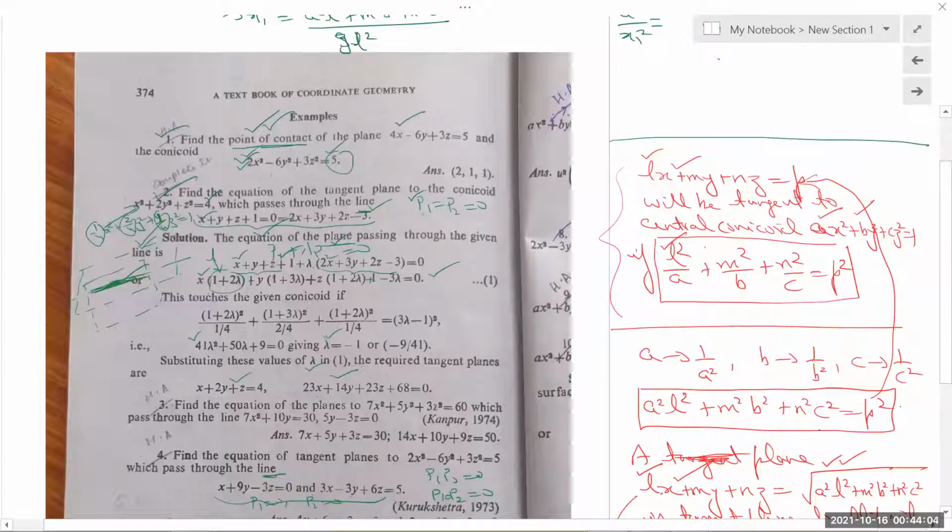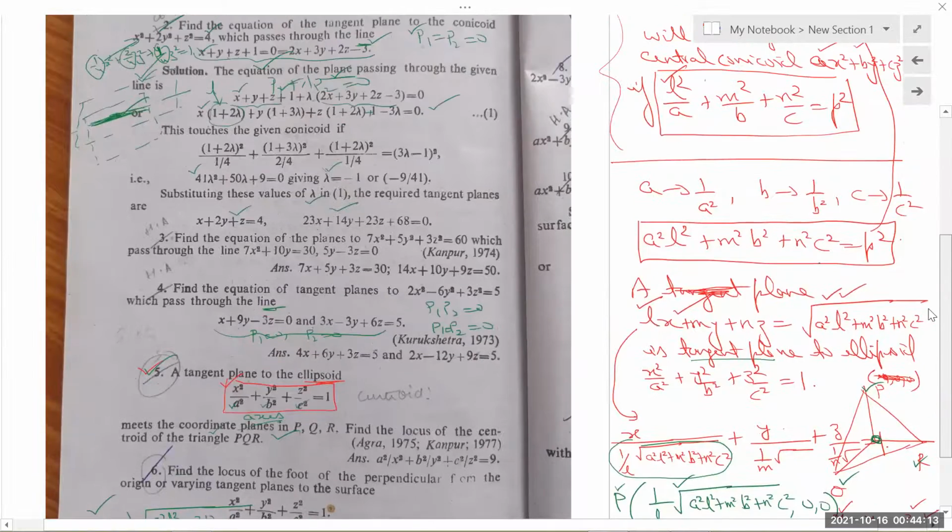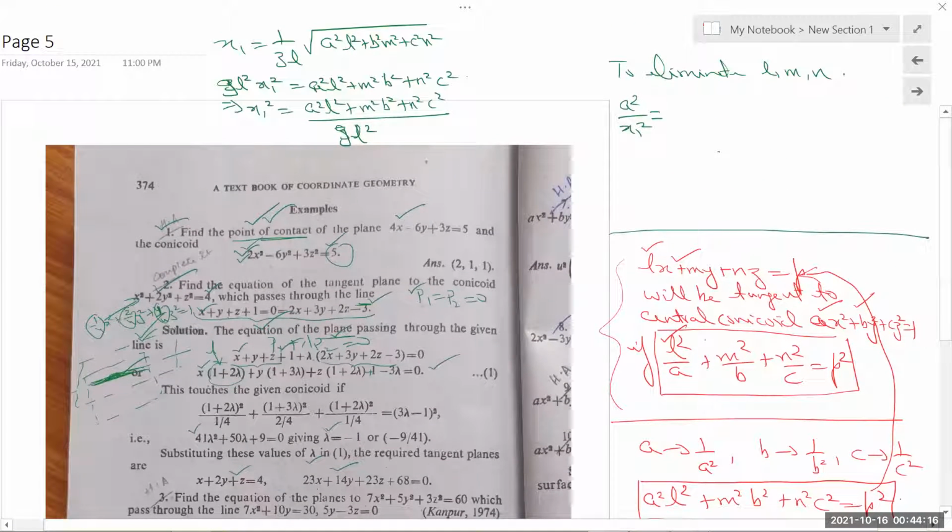You can see that if you square it, lx plus my plus nz whole square is equal to a square l square plus m square b square plus n square c square. So this implies that 1 upon x1 square is equal to 9 into l square upon a square l square plus m square b square plus n square c square.